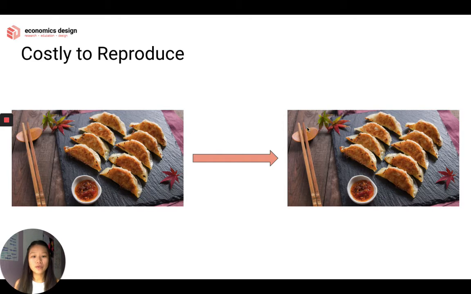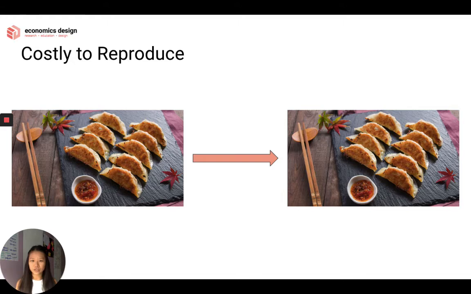Now, when I produce one more gyoza, the cost is slightly different. The cost now is 55 cents, and my revenue is only 53 cents, and I lose 2 cents, or my cost is now more expensive than my revenue.